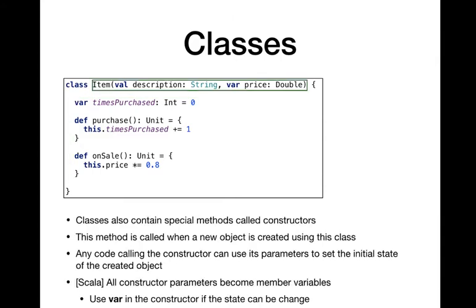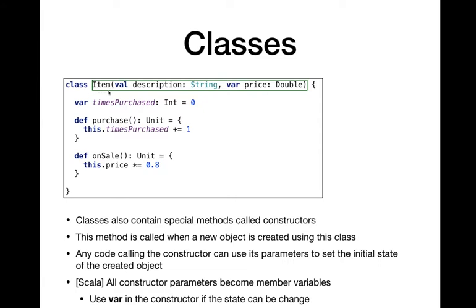So I want to make those a little bit different, and when we want to do that, we put that in what's called the constructor of the class. So the constructor is a very special method which is called whenever we create an instance of a class. So when I want to use this class to create an object, I'm going to call its constructor method, which is defined in this top line, what we call the header of the class.